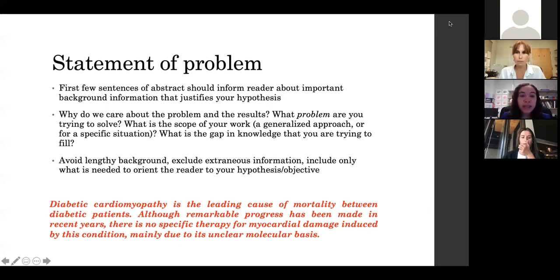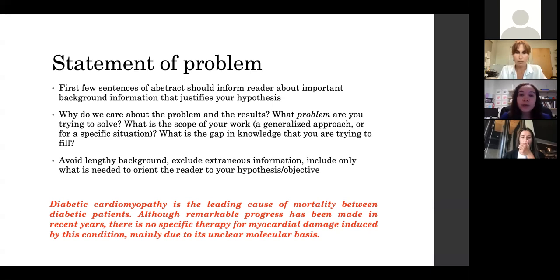So now let's talk a little bit about the abstract body. Which components should be part of your abstract structure, and what is the main purpose of each component? We're going to start talking about the statement of problem, or the background, or the introduction of your abstract.